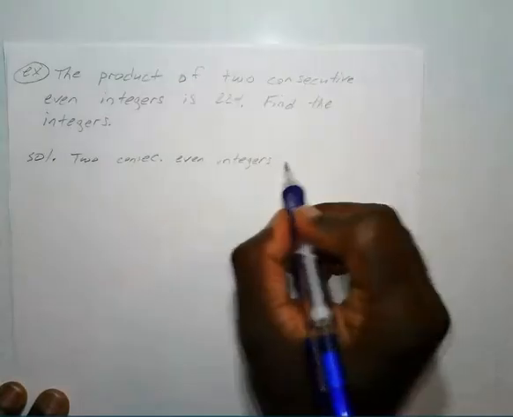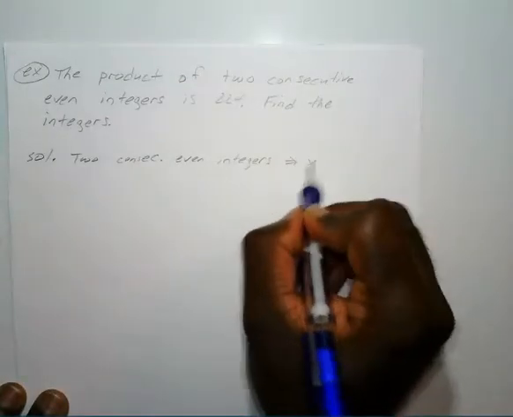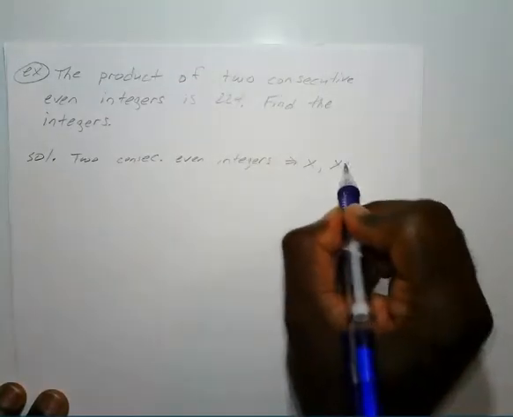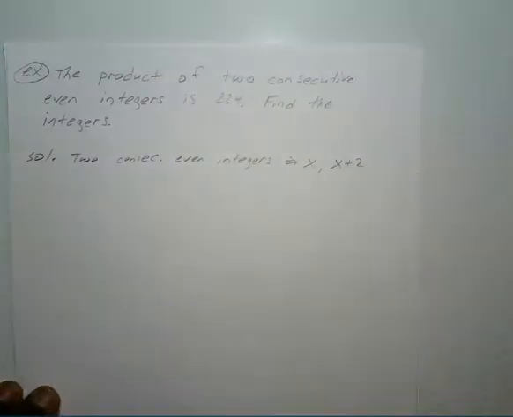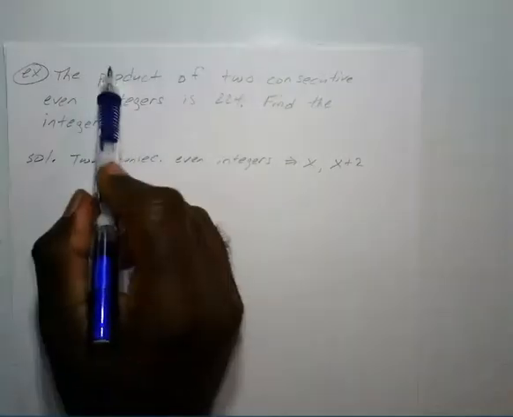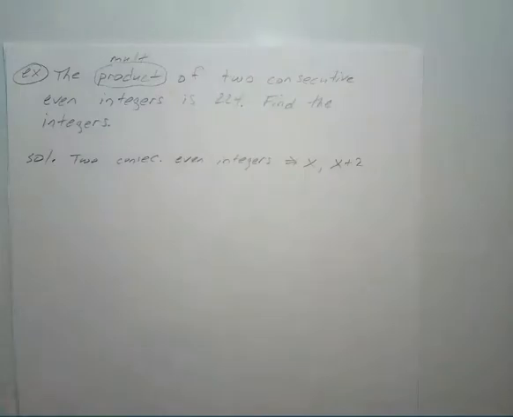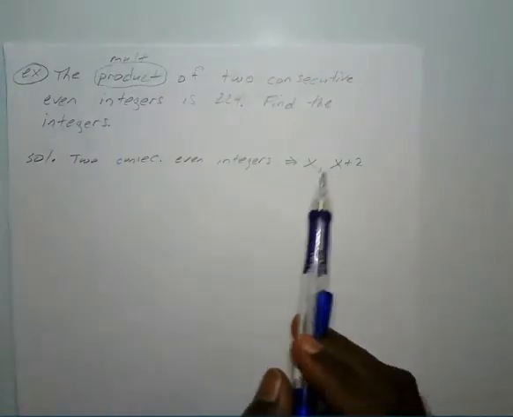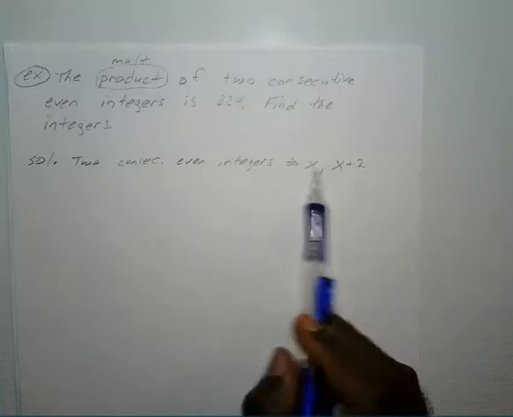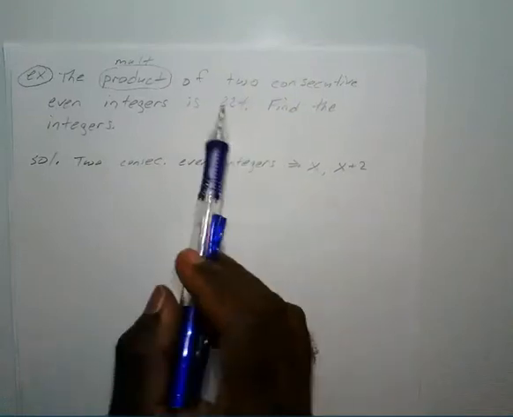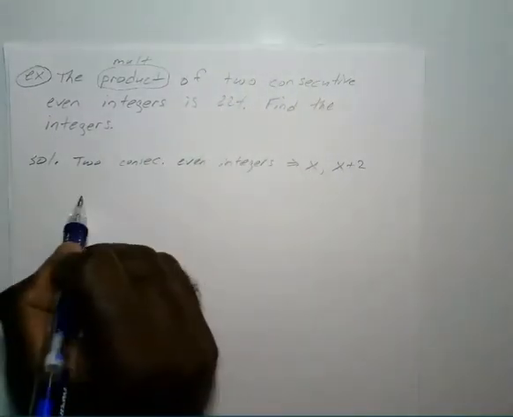We know they're represented by x and x plus 2. It would be the same thing if they were consecutive odd integers. And the product is just a fancy way to say multiplication.